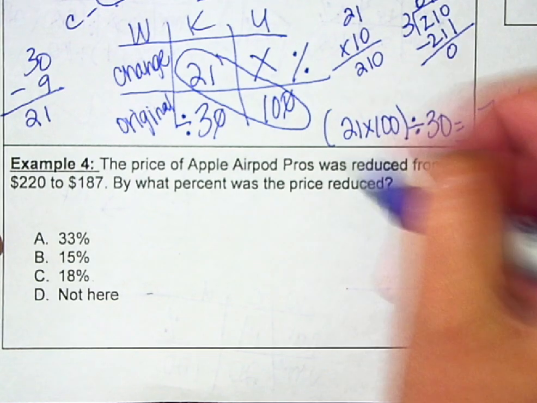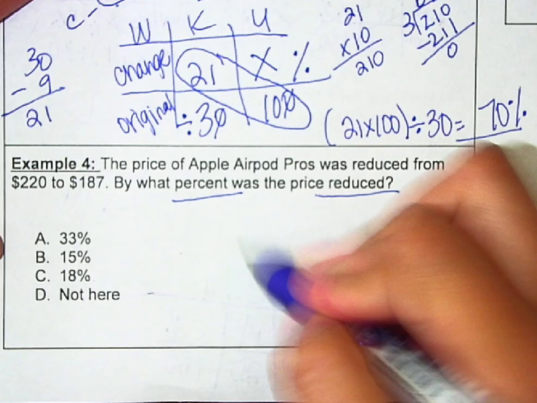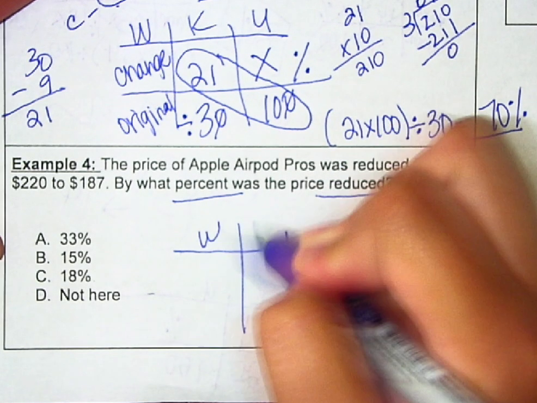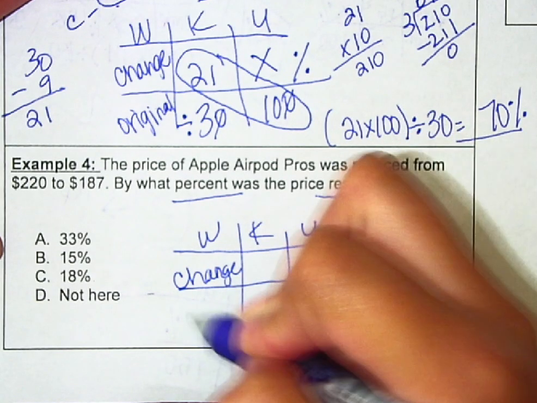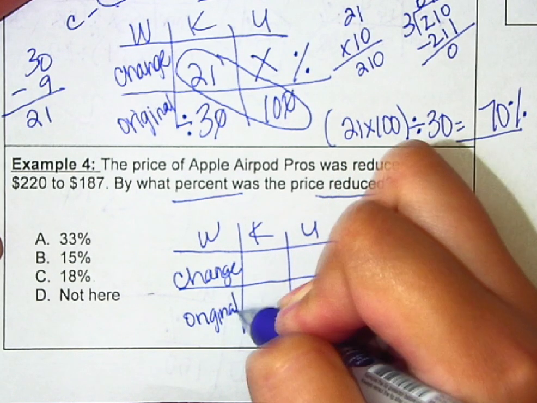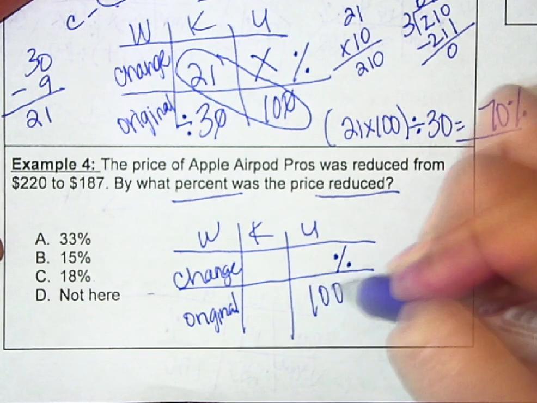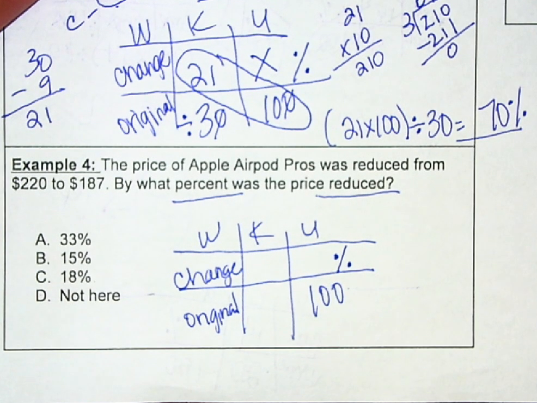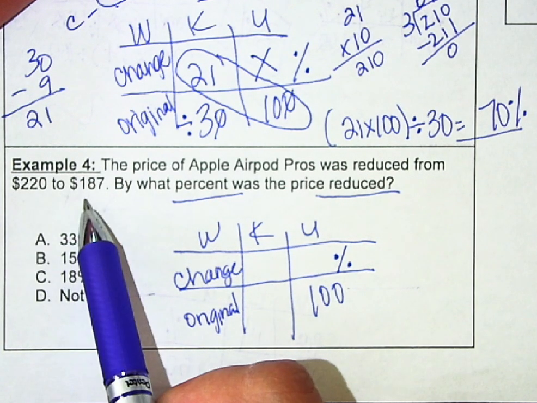Okay, so you see percent, you see the word reduced, WKU, change over original. Our percent goes up here, 100 goes here. Now, the original, usually it's gonna say from 220 to 187.